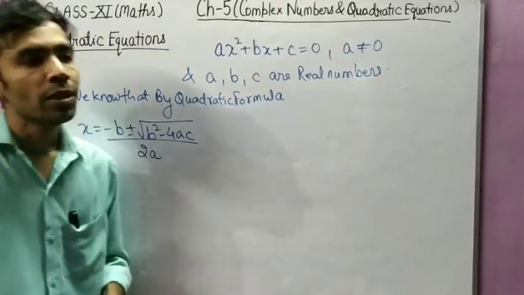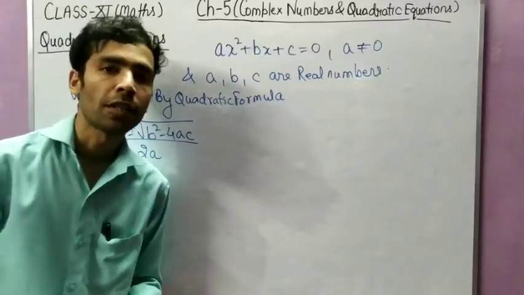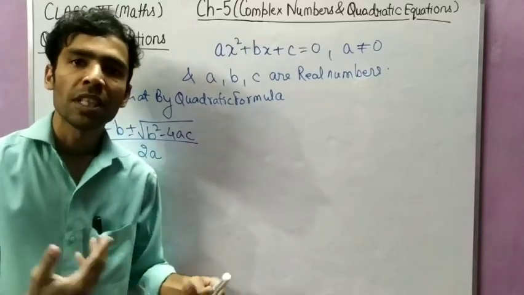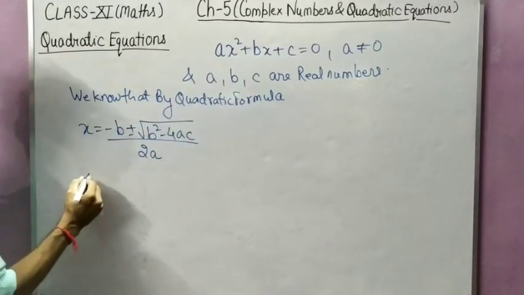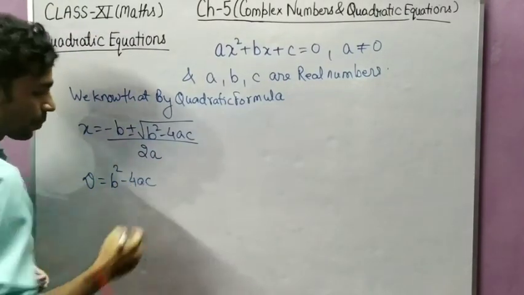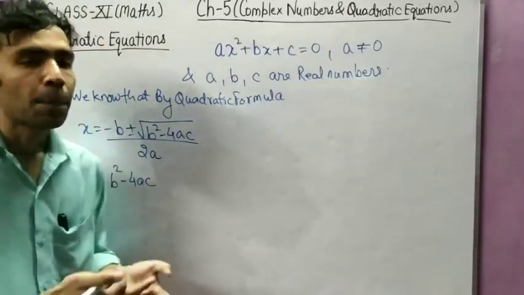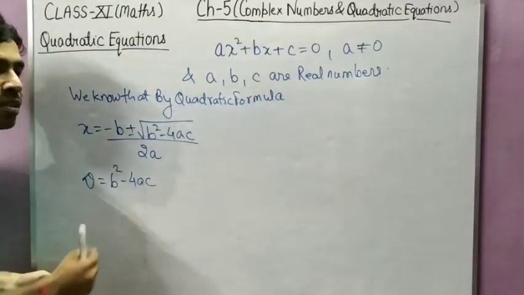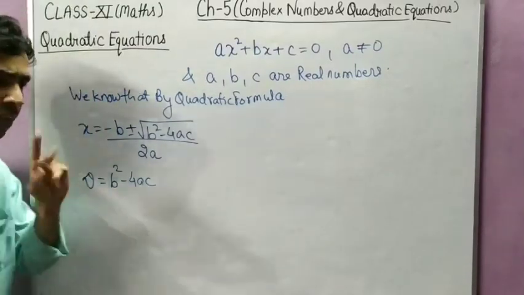One more thing you know is how to find the nature of the roots of quadratic equations. The nature of the roots depends upon the discriminant, that is D equal to b square minus 4ac. There were three conditions.